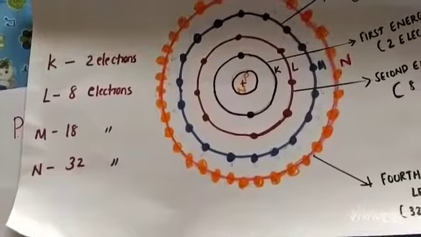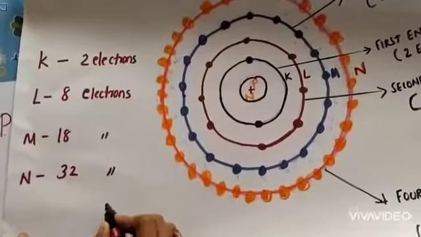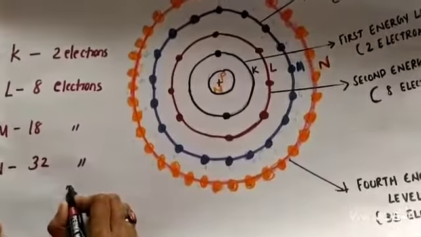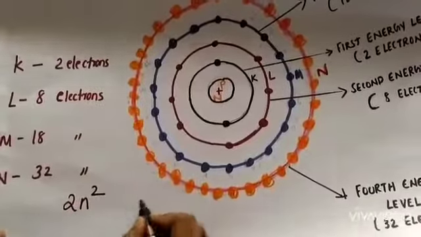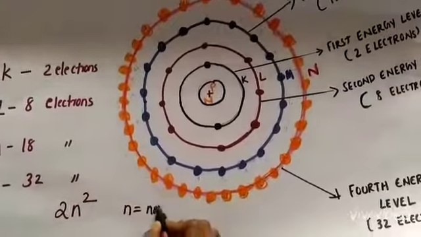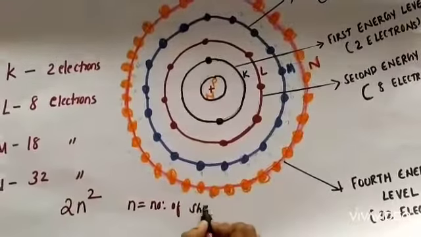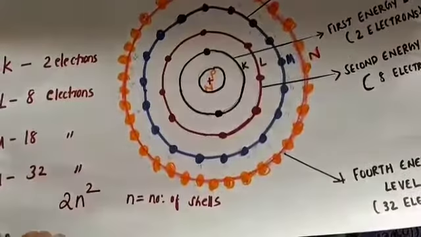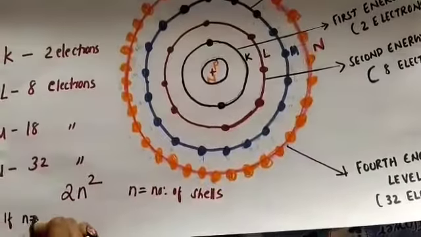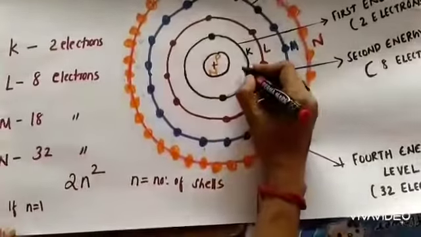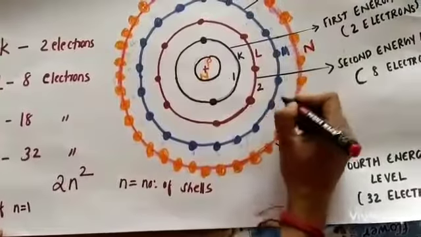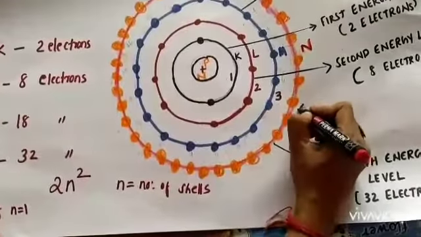So actually the number of electrons accommodated in a shell can be calculated using the formula 2n square, where n represents the number of shells. If n is equal to 1, that means it is the first shell. K means the first shell, L the second shell, M the third shell, and N the fourth shell.